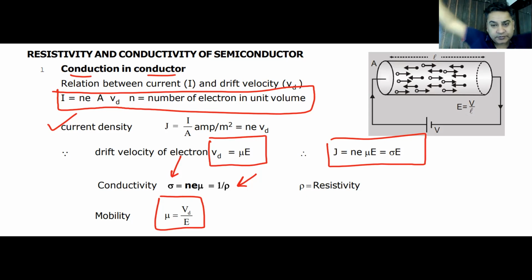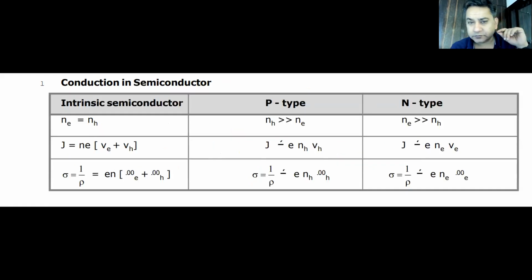Have we written this? Have you done this, bacha? Done, sir. Then we come to, in semiconductors, the formulae are same. In intrinsic semiconductor, number of holes and electrons are same.